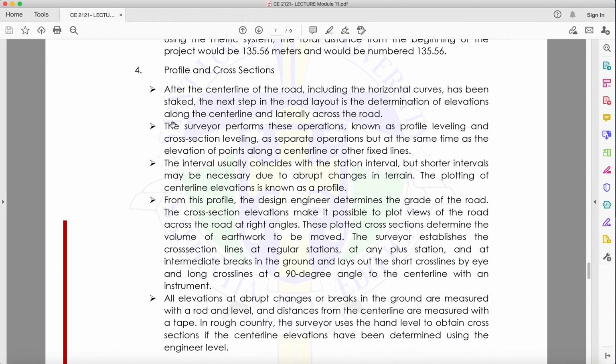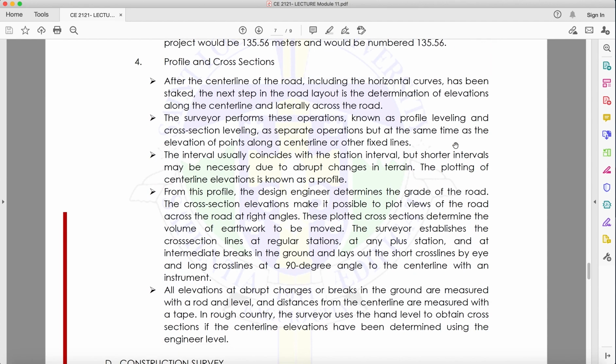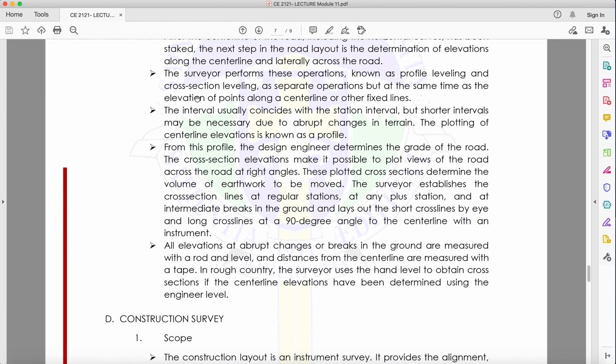So the surveyor performs these operations known as profile leveling and cross-section leveling as separate operations but at the same time as the elevation of points along the center line or fixed line. So dito kinukuha na natin yung vertical difference. So the interval usually coincides with the station interval, but shorter intervals may be necessary due to abrupt changes in terrain.